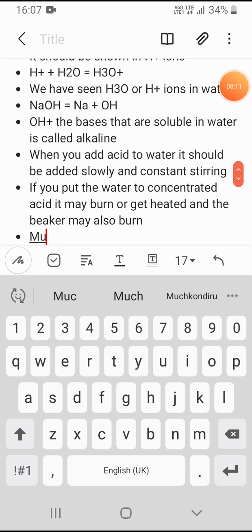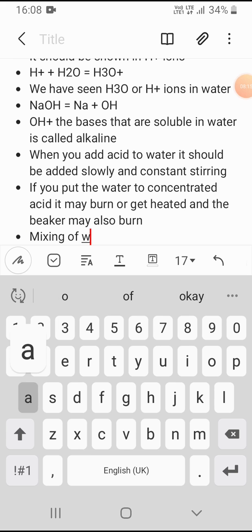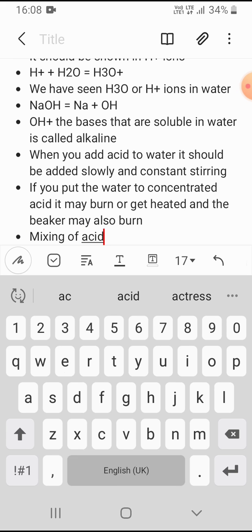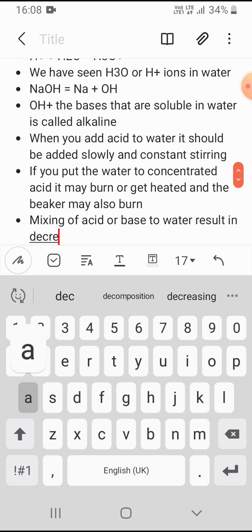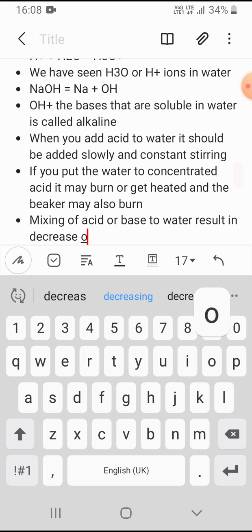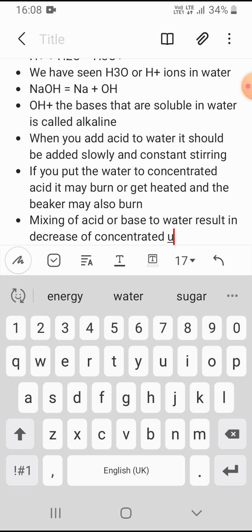Mixing of acid or base to water results in a decrease in the concentration of ions.